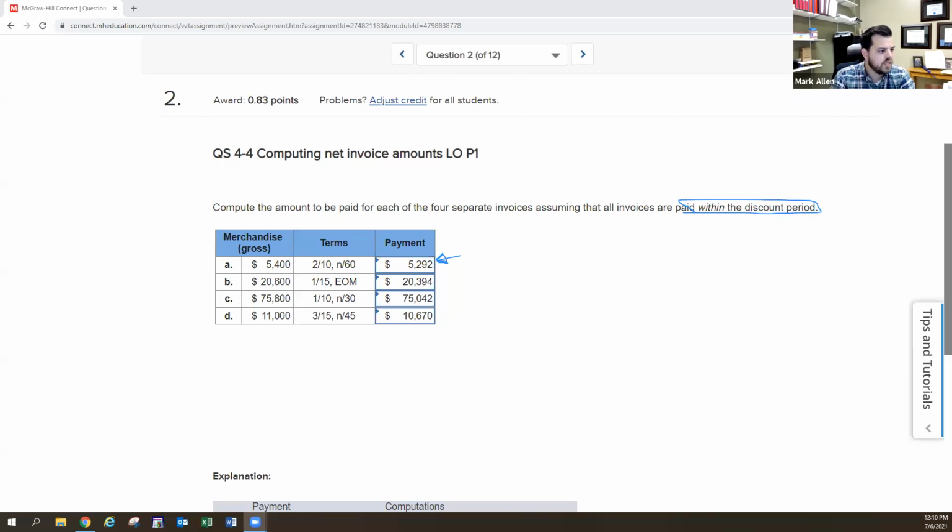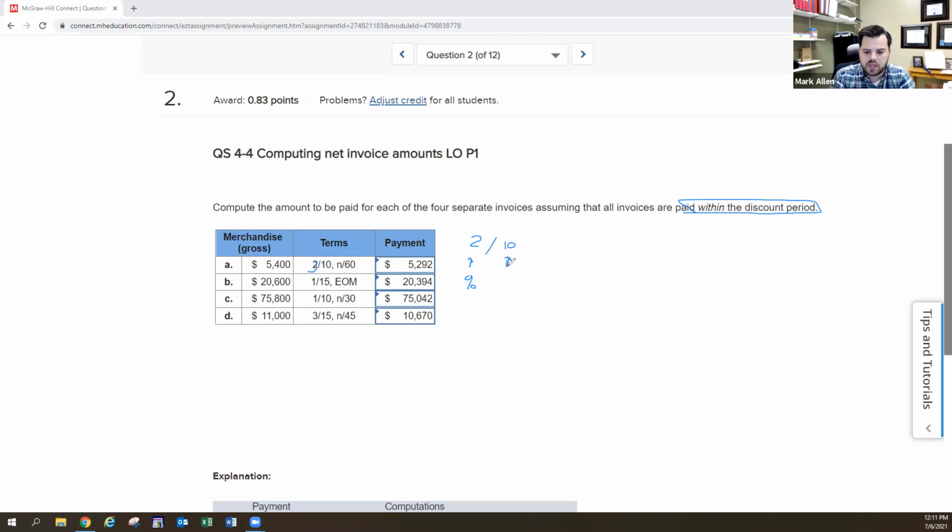So in this case, what we're told is that we have this gross purchase of $5,400 and my terms are 2/10, n/60. So if you watched the lecture video already, then you should be hopefully familiar with what those terms tell me. But the way this works is the first term here, that 2, indicates the percentage that I will actually save if I pay within the 10-day period.